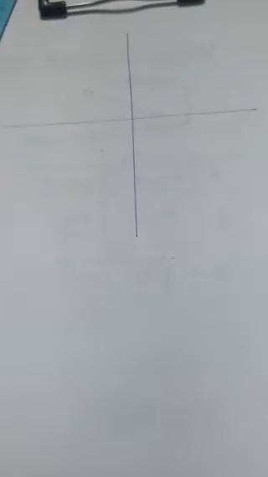I'm going to draw something like this. I have this as my x-axis. I will also have this as my y-axis. Now the z-axis is being introduced at this given point. So this is my y-axis, this is my x-axis, and this becomes my z-axis.